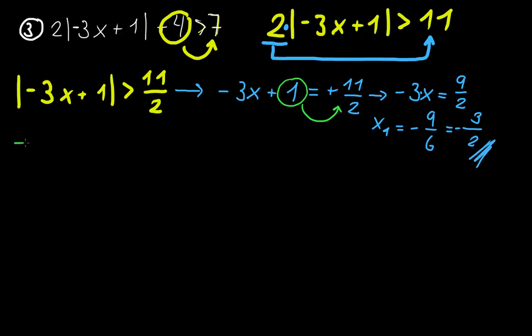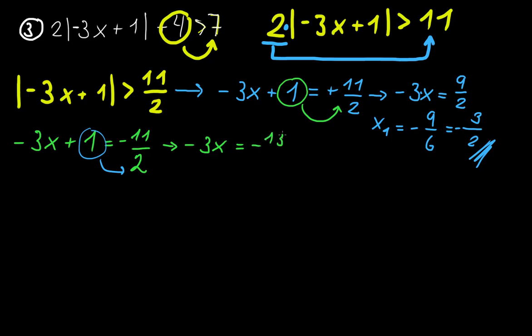The second point we have to solve. So 3x plus 1 equals negative 11 over 2. I'm going to throw this guy to the other side, which now becomes, where's my green? My green is right here. Right now it becomes minus 13, so it grows by 1.